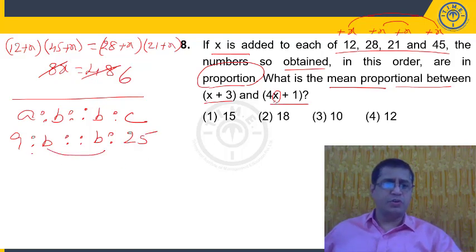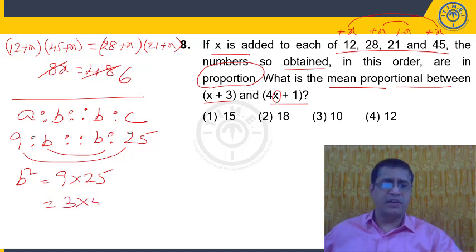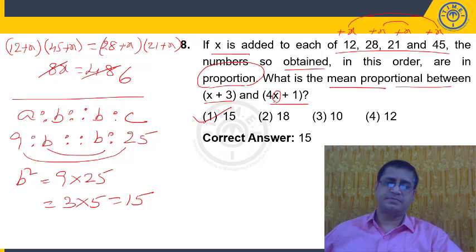So product of extremes is equal to product of means by applying the formula. So B square is equal to 9 into 25. Square root of 9 is 3, square root of 25 is 5. The product of these two is equal to 15. The right choice is option 1. Option 1 is the right choice.